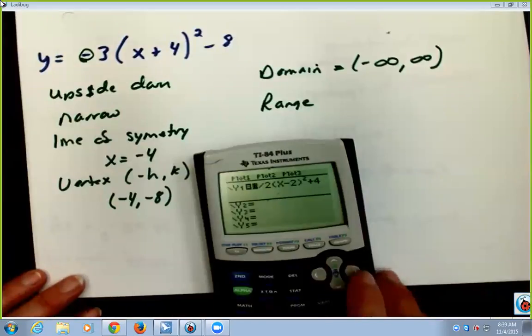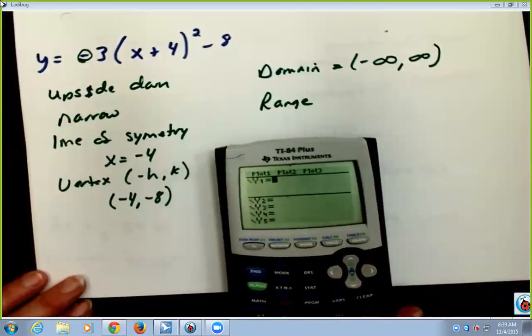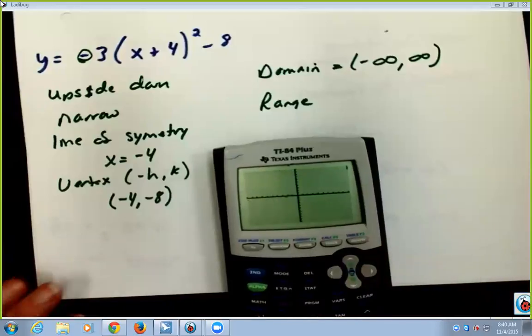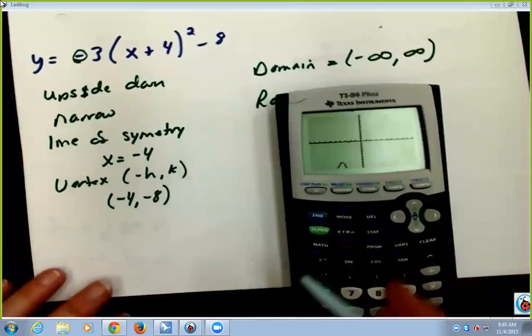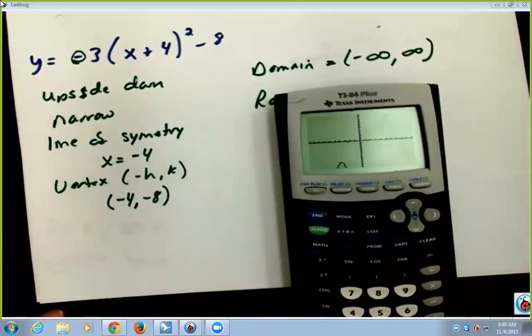But if I put it in here, clear that piece out, and I'm going to put -3(x + 4)^2 - 8, and I hit graph. And I just get a little tiny piece of it because it's down at -8.